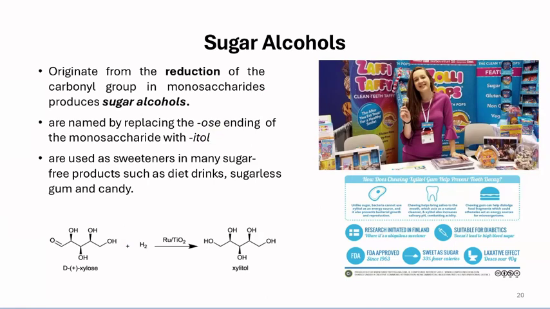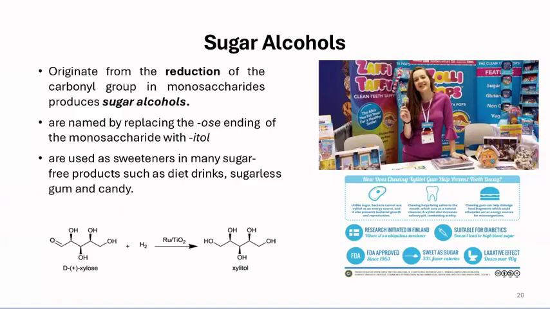Because these molecules are sweet, they are used in many sugar-free products, including diet drinks, sugarless gum, and even candy. To give you an example that is popular and has very interesting effects on the health of humans, here I'm introducing xylitol.